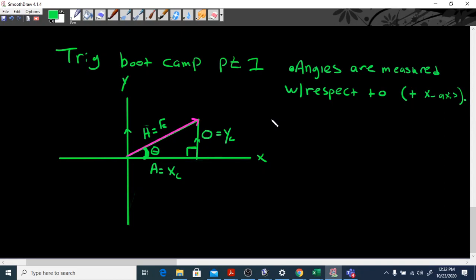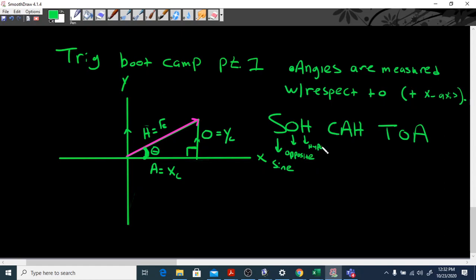By using this, we can understand the trigonometric definitions. I'm going to use a mnemonic device that I'm sure you've heard before, SOHCAHTOA. This will help us remember the 6 trig definitions. S stands for sine, O for opposite, and H for hypotenuse. The A is the adjacent side.